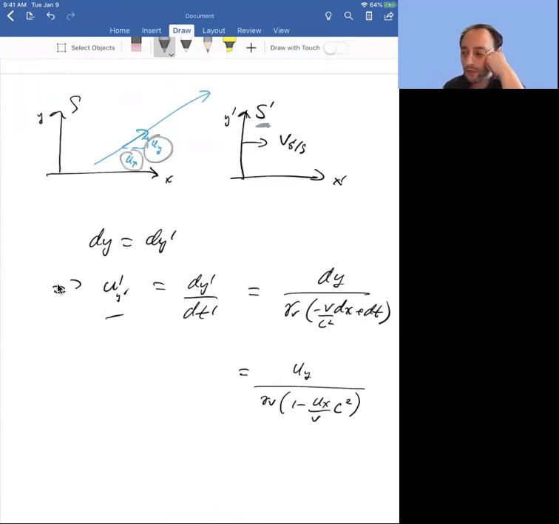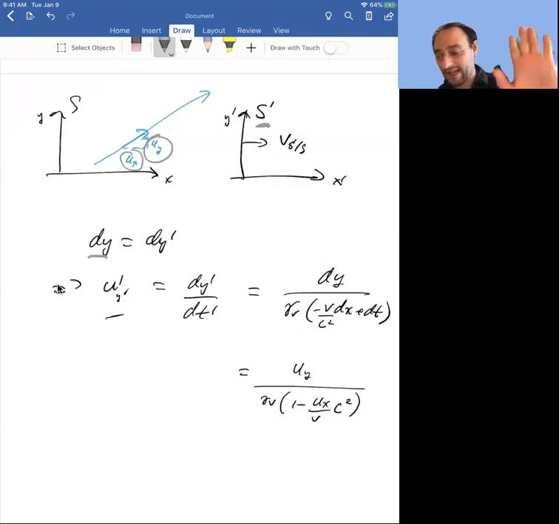I want to transfer to the frame S prime. Well, the X component we already discussed, right? So the X component is transferred. Yeah, the X component has a life of its own. What about the Y component? Well, you see, we discussed that over an interval of time dt, if something has a motion in the vertical direction, that vertical distance dy remains the same in both frames.